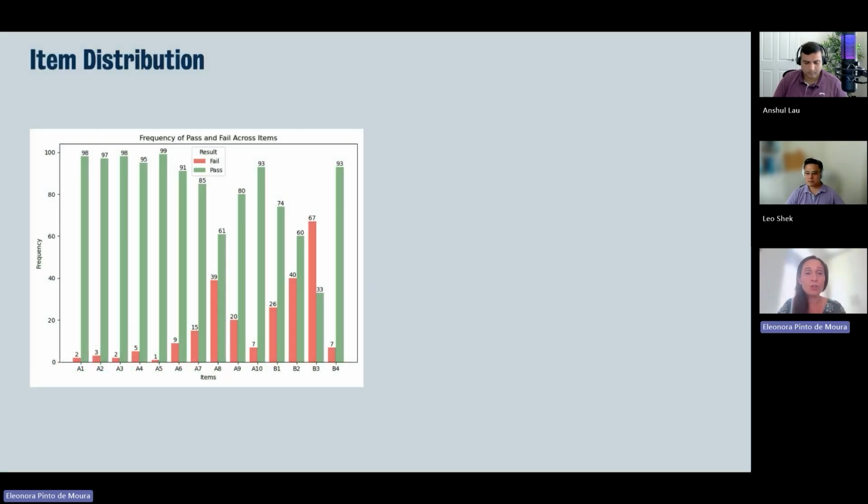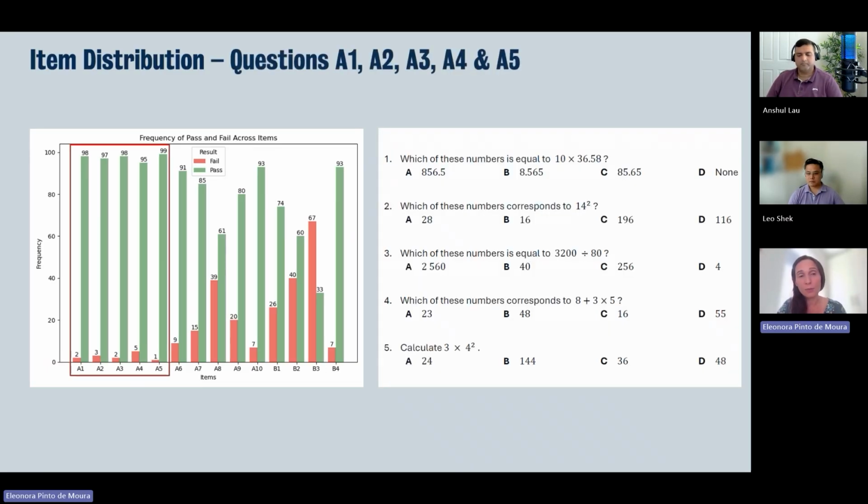This bar chart shows the number of students who got each question right in green, and the number of students who got each question wrong in red. We can see that over 95% of the students got questions A1 to A5 right, which suggests that they were likely too easy to be useful for us diagnostically.